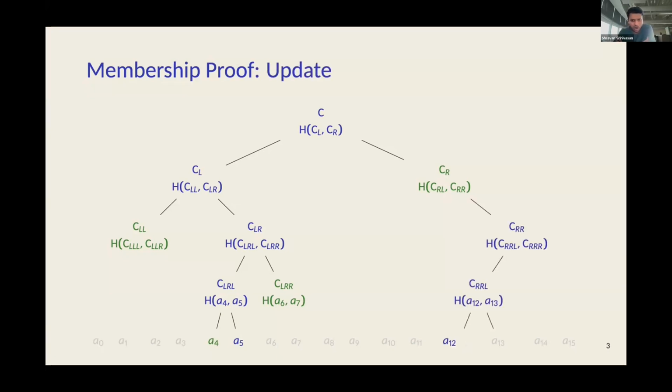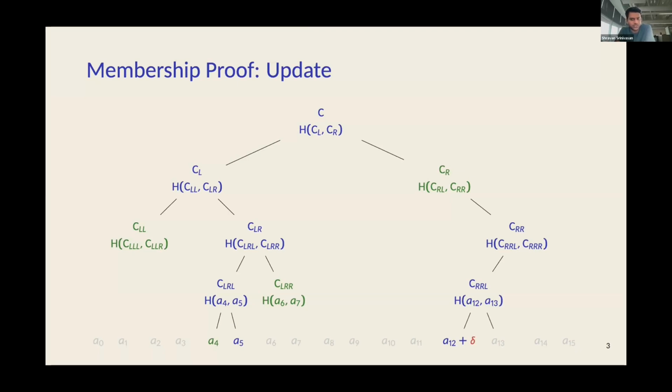The main focus of my talk today is about updates in Merkle trees. Say that an arbitrary element changes in the Merkle tree. This in turn affects the proof of, in this example, A5. So let's say A12 changes by delta.